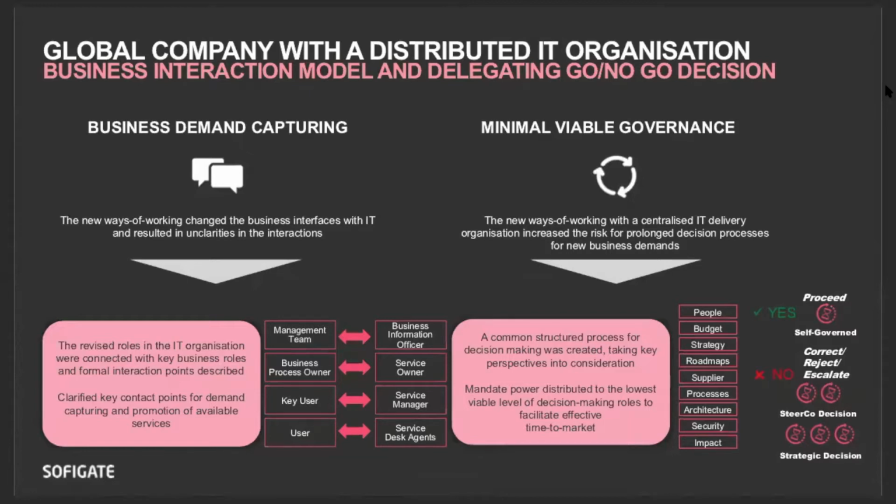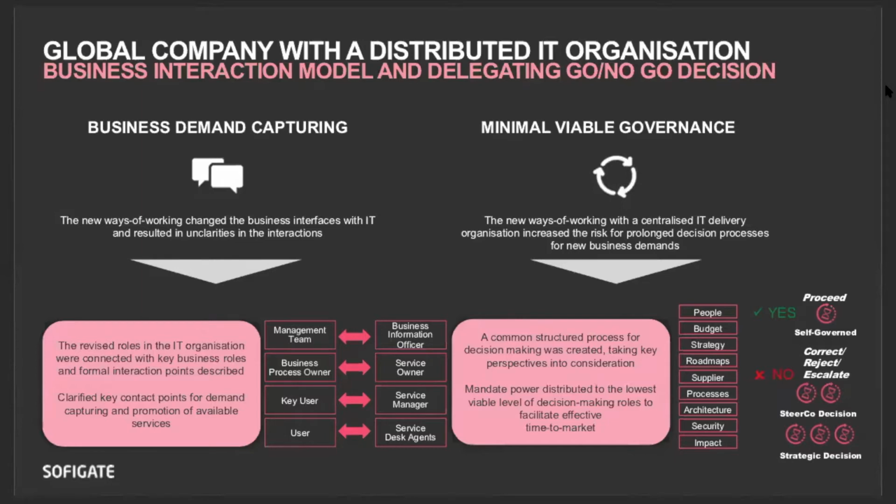One client, we introduced the new ways of working, and it changed the business interface from IT, creating a couple of new roles and role descriptions. And what we did very easily was to connect the different key roles in the user interface with the different parts in the organization where they would have their primary speaking partner.